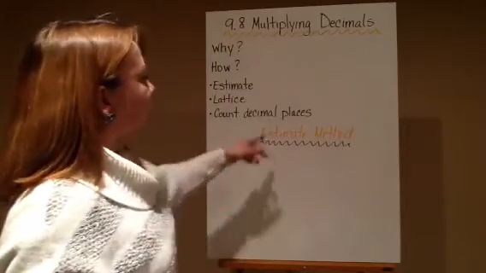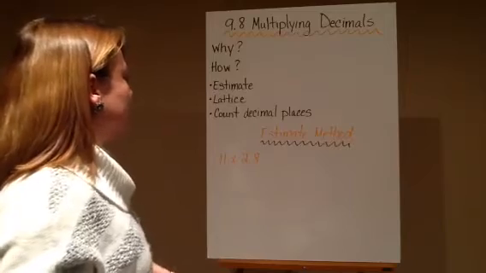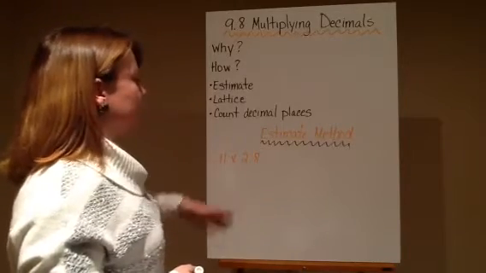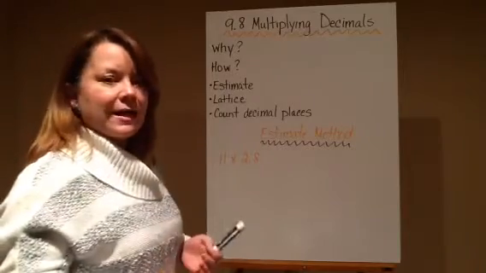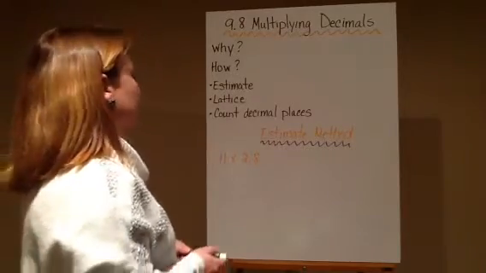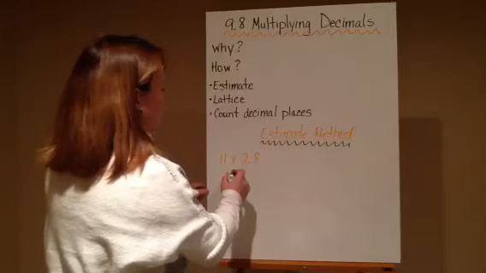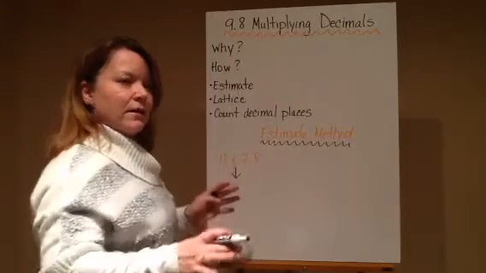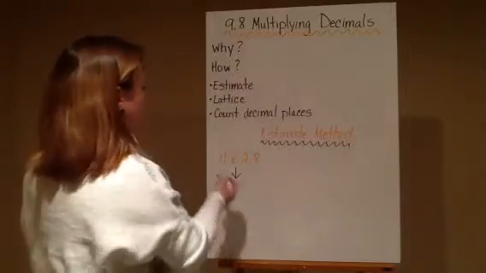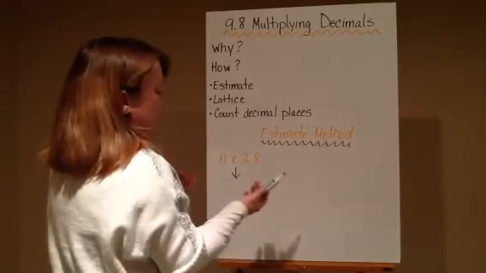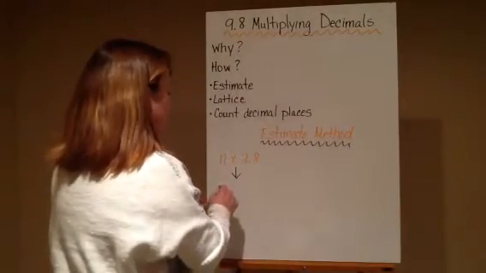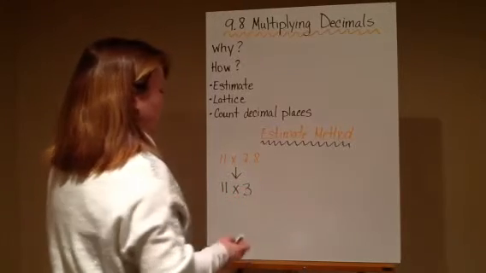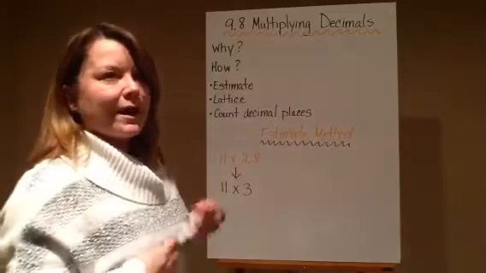So we're going to start with the estimate method, and I've got an example here of 11 times 2.8. Basically, you're going to round the problem and forget about the decimal to start with. There are a couple of different ways you could round it, but if we say 11 times 3, you might be wondering, where did I get that 3?